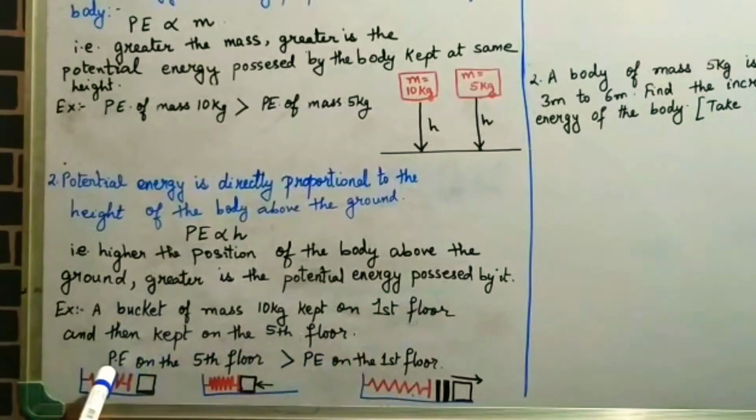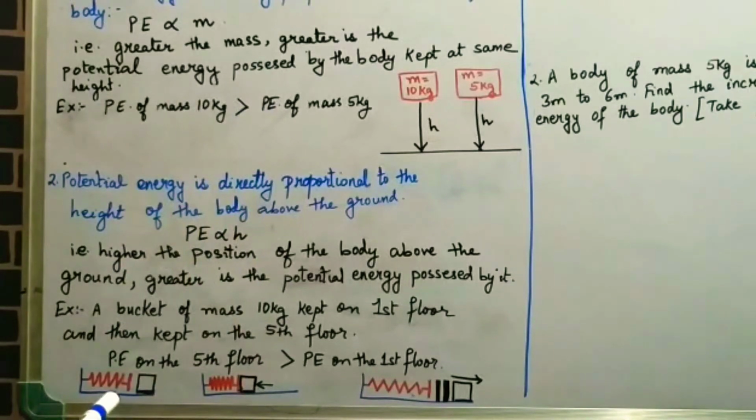The potential energy possessed by it on the 5th floor was greater than the potential energy possessed by it on the first floor. The bucket was the same, but the potential energy increased only because the height of the bucket from the ground increased. Now these examples that we talked about were gravitational potential energy.